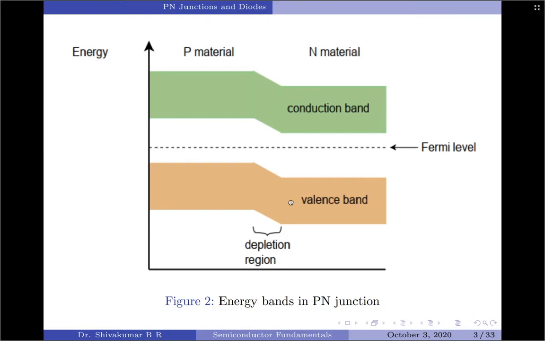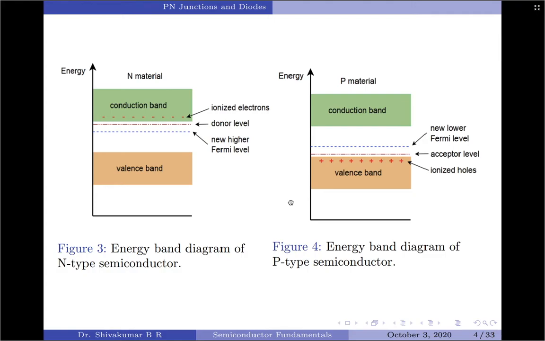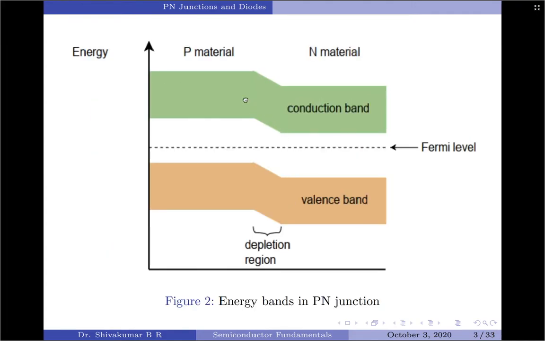This in fact is the energy band diagram of the p-n junction. When I compare this energy diagram to the energy diagrams of the n and p materials presented here, we understand there is a change in the energy level when we move from either n or p material towards the opposite material. By simply aligning the Fermi levels, it should be clear how we arrive at the new energy diagram that is indicated here.